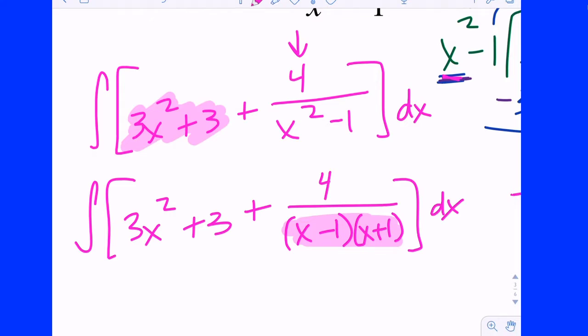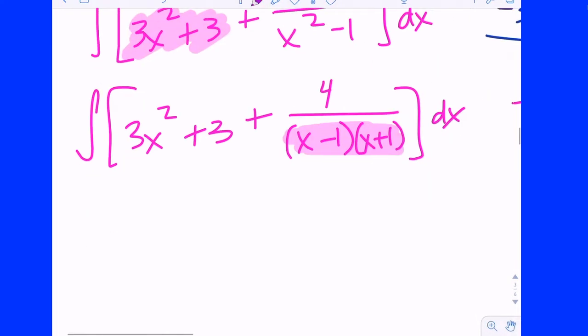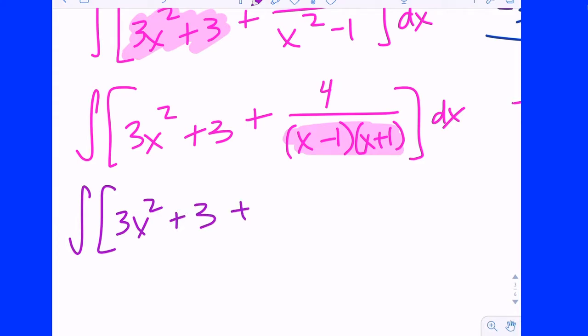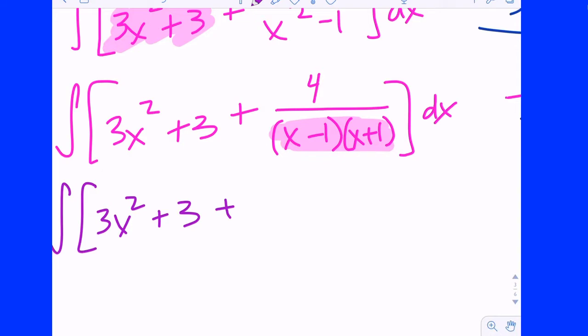All right? So it's only going to be on that third term. So again, I'm just kind of bringing around these other guys who are just spectators at the moment. And then the 4, you can decide how you want to deal with it. You can either pull it out front and let it go along for the ride, or you can leave it in the numerator and have it become part of your analysis when you find your coefficients. I'm going to go ahead and leave the 4 there.